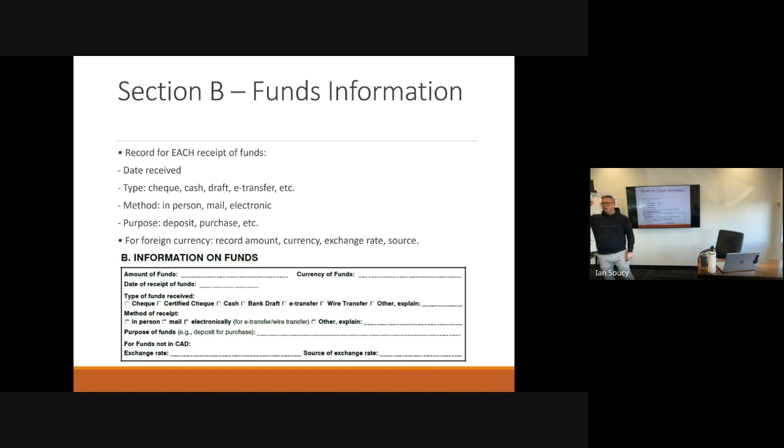There's herewith, which is basically here's my offer and here's my deposit. There's upon acceptance, which becomes automatically due within 24 hours of acceptance of this offer. And the third option is as otherwise described in this agreement.